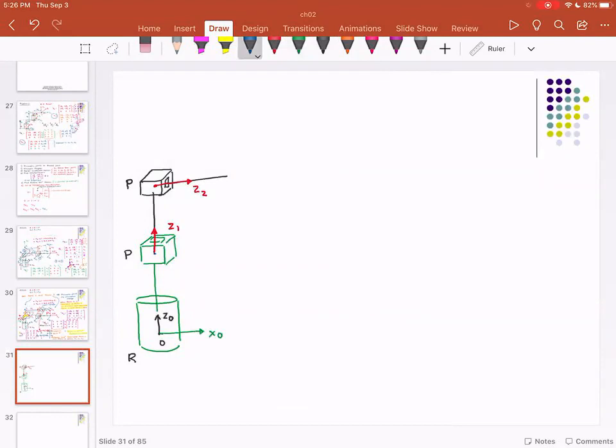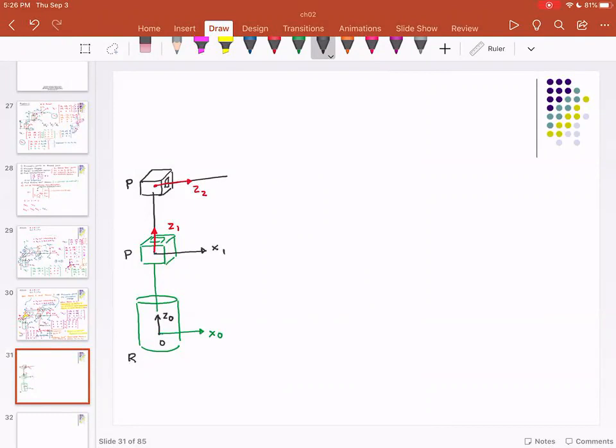In this particular case, fortunately, if I were to draw X1, it is perpendicular to Z1. It is perpendicular to Z0, but unfortunately, it is not intersecting.